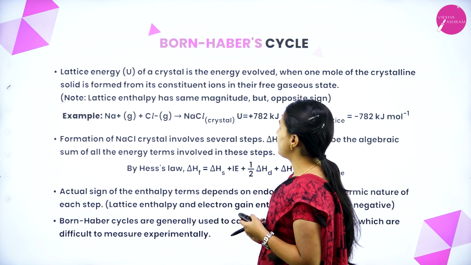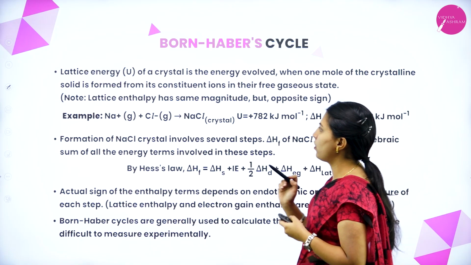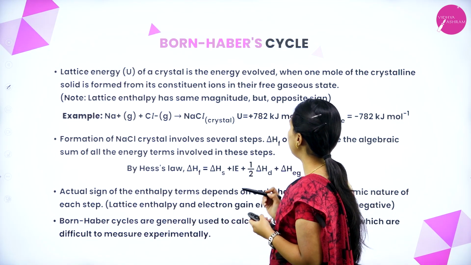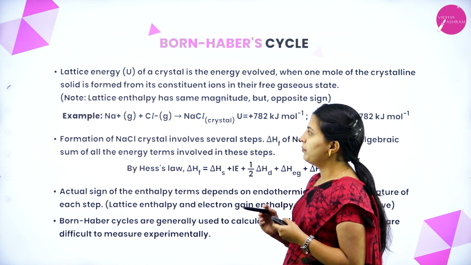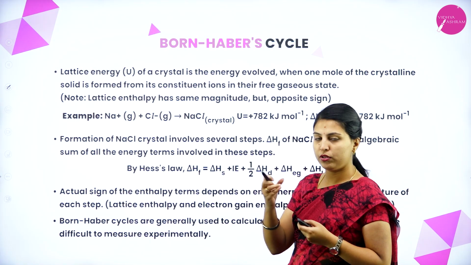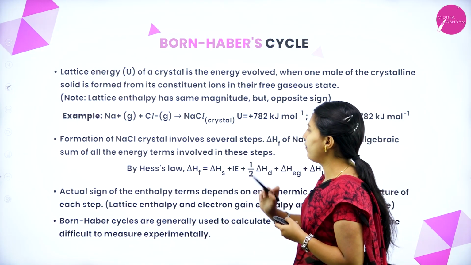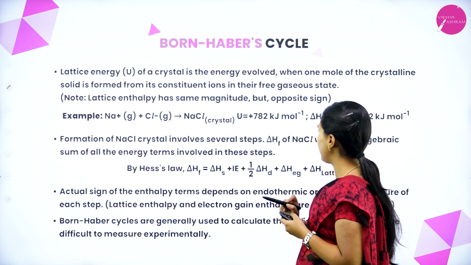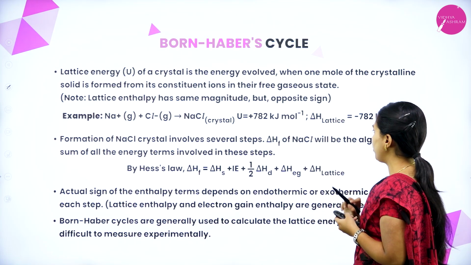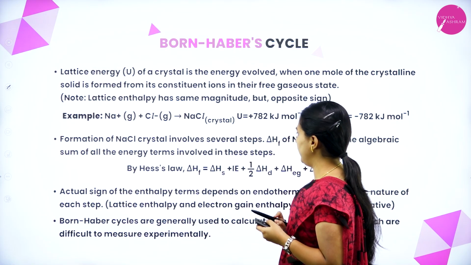Lattice energy of a crystal is the energy evolved when 1 mole of the crystalline solid is formed from its constituent ions in their free gaseous state. Formation of an NaCl crystal involves several steps, so the heat of formation of NaCl will be the algebraic sum of all the energy terms involved in these steps.